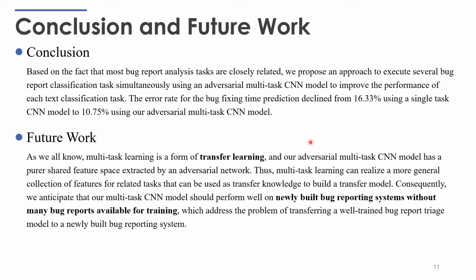So we propose this adversarial multitask learning CNN model, and we improve the performance of each text classification task from the error rate of 16.33% using a single task CNN model to 10.75% using our adversarial multitask learning CNN model.